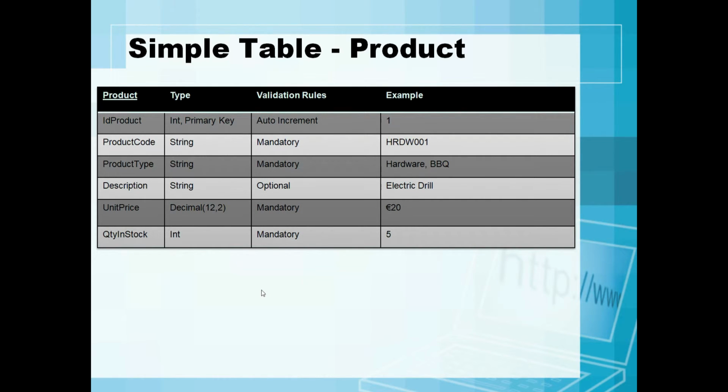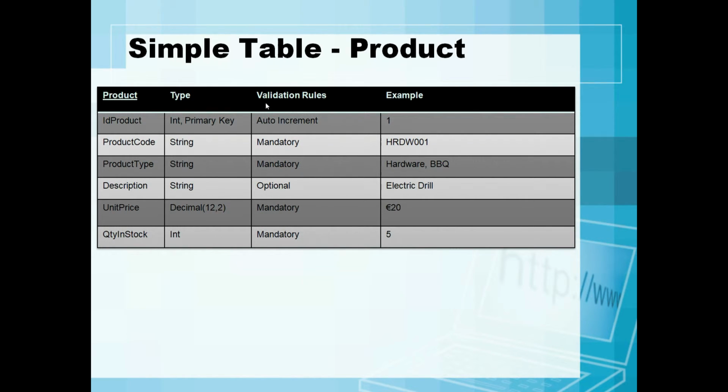So this is the table that I'm going to create in Visual Studio Code using C#. And just quickly, for those that are really beginners here, I didn't add any relationships to other tables. There are no foreign keys. We've got one primary key ID here that is going to be auto-incremental, and it's going to increment by 1. And then we've got our product code, a product type, description, unit price, and quantity in stock.